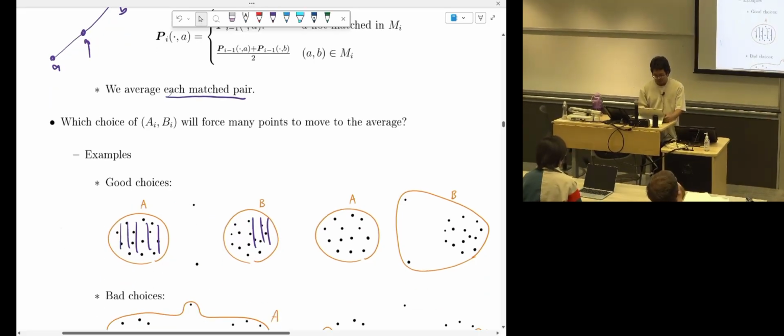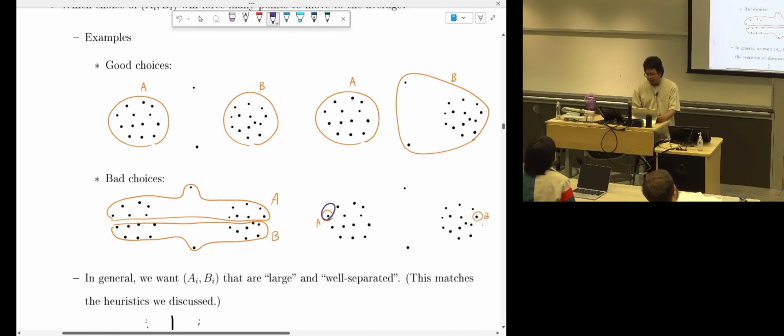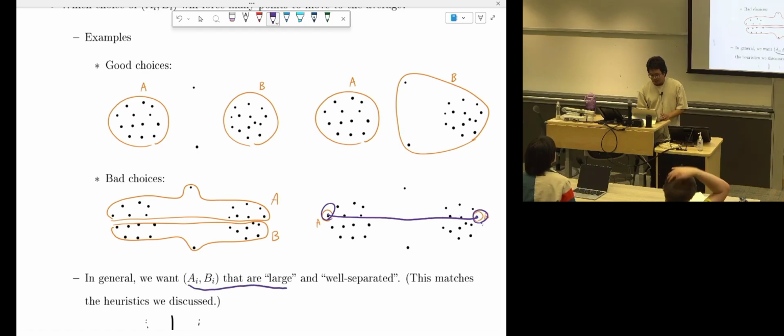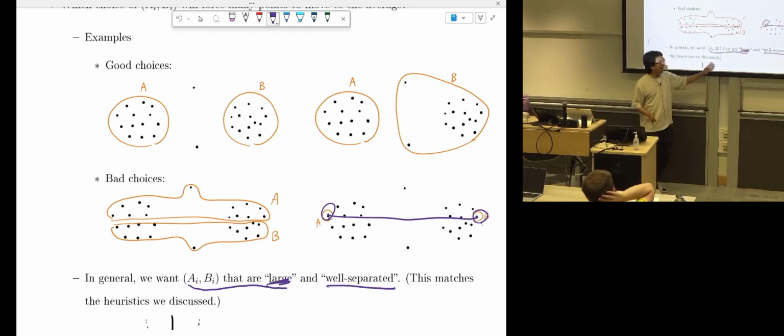And another bad choice is if you choose some guys that are far away, but the set is not big, then you make progress only on one pair. That's not good. So in general, we want A_i and B_i that are large, and well separated. This really matches the heuristic we discussed in the beginning: A_i and B_i should be large.